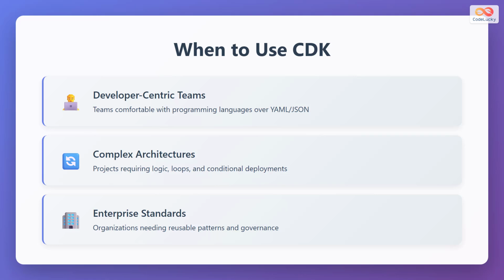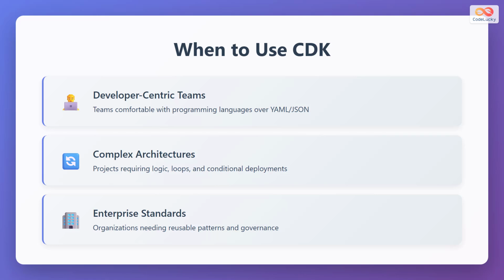CDK is particularly well-suited for certain situations. It's ideal for developer-centric teams who are more comfortable with programming languages than with YAML or JSON configuration files. If your team consists primarily of software developers, CDK will feel natural and familiar. CDK shines with complex architectures that require logic, loops, and conditional deployments, things that are difficult or impossible with traditional configuration files.